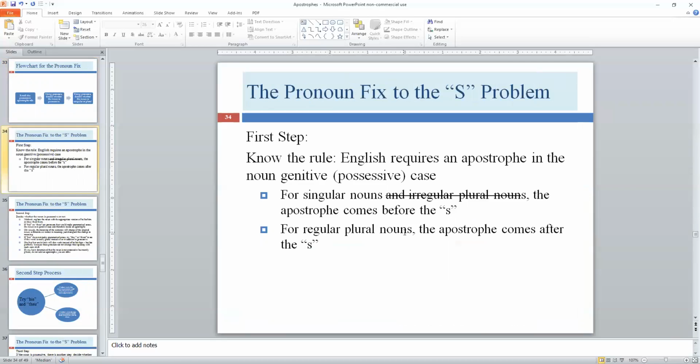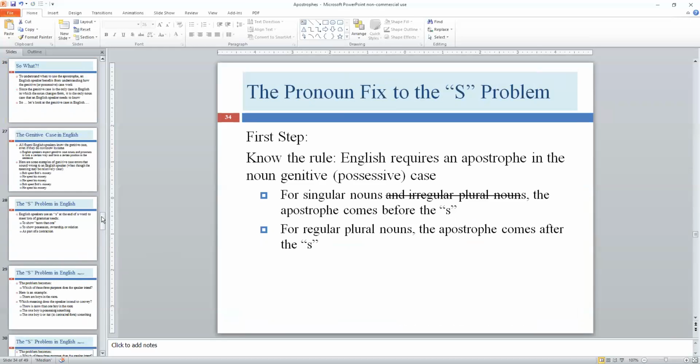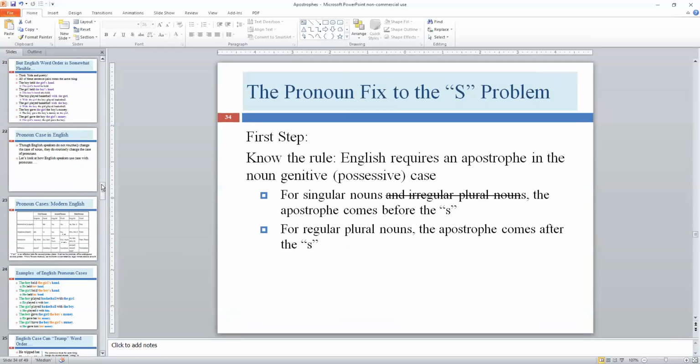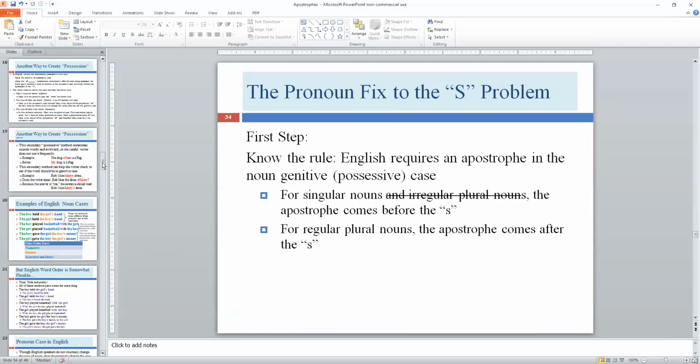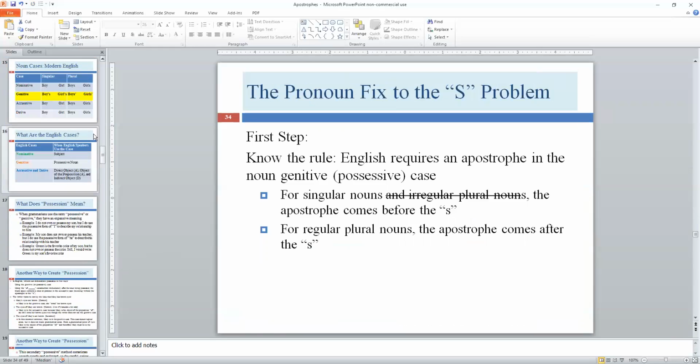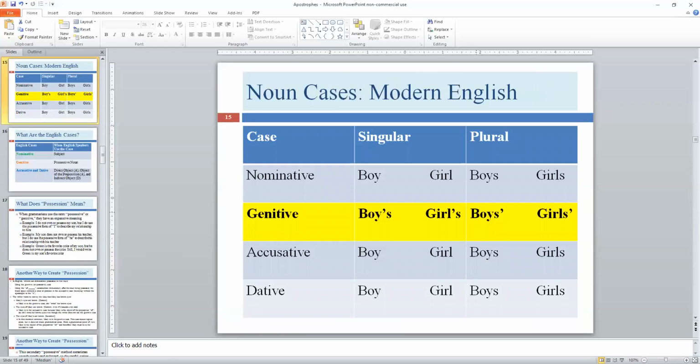For regular plural nouns, the apostrophe comes after the S. So it's S apostrophe. And here we go. Yes, exactly the same position. It's boys, then we add the apostrophe. Girls, and then we add the apostrophe.